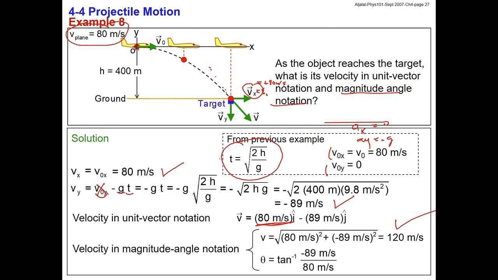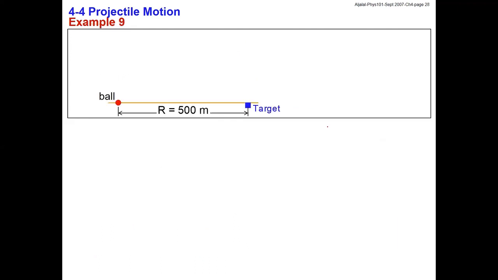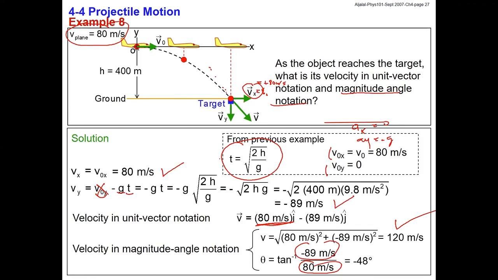Tan inverse of the y component, minus 89, divided by the x component, which is plus 80. You look at it, and this will give you minus 48 degrees. Minus 48 degrees is in the fourth quadrant. And you look carefully here, of course, your vector is in the fourth quadrant. So this is equal to minus 48 degrees. So what the calculator gave me is a correct answer.